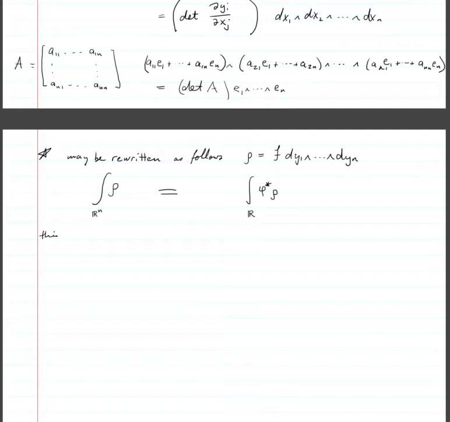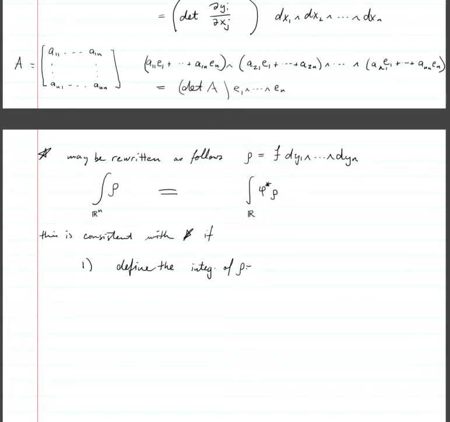So this is consistent with star if we just define the integral of rho locally, so of this rho, right?